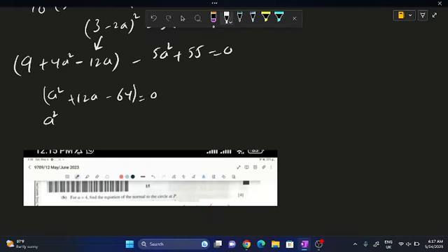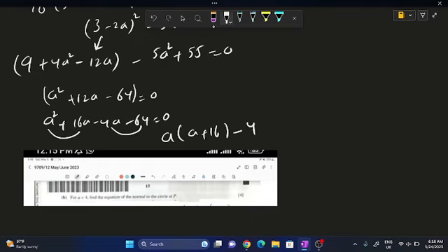So factorising gives me a squared plus 16a minus 4a minus 64, which is equal to 0. This is one pair and this is the second pair. I can take common a from the first pair. That gives me (a plus 16) inside, and minus 4 can be taken as common from the second pair, and inside that would be (a plus 16), which is equal to 0.